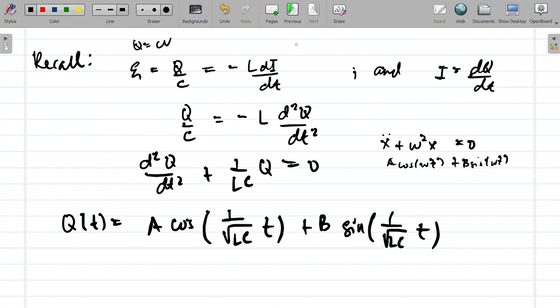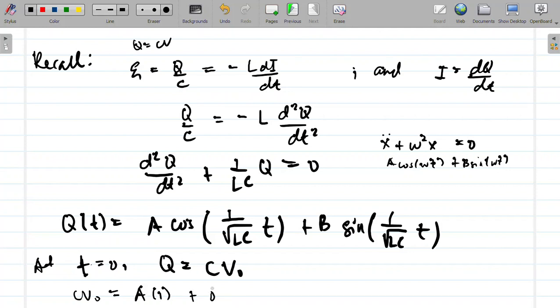Of course, we use initial conditions. Condition 1: at t equals 0, Q equals CV naught. So CV naught equals A cos 0, which is 1, plus B sin 0, which is 0. So A equals CV naught.